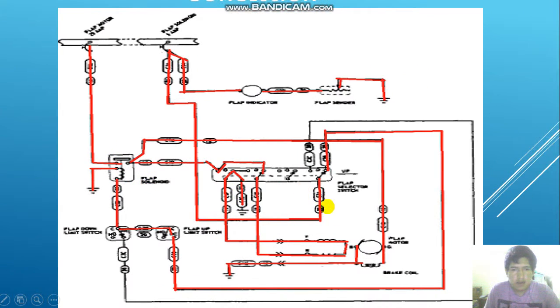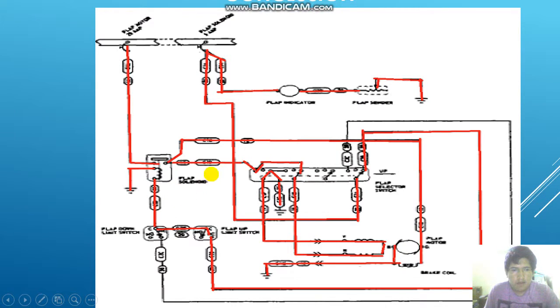In this case, the components are the flap motor, the flap solenoid, the flap up limit switch, and the flap down limit switch.